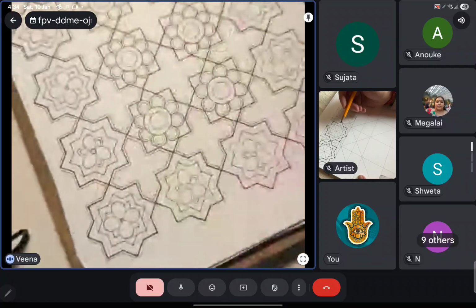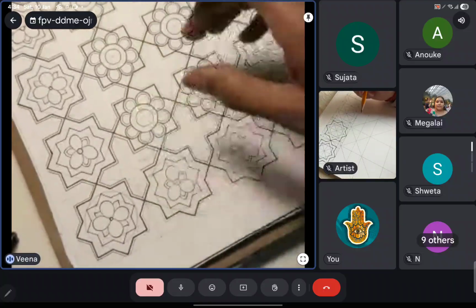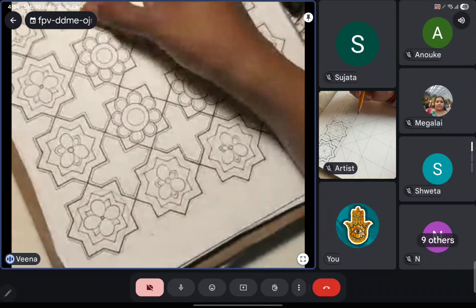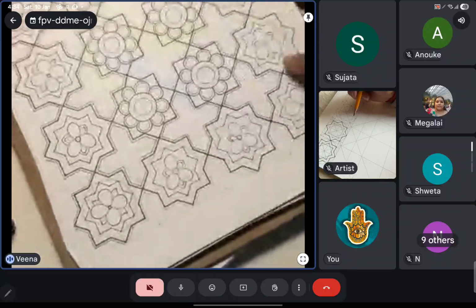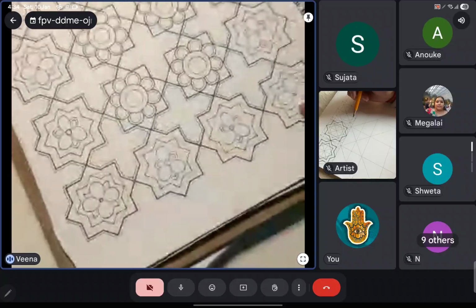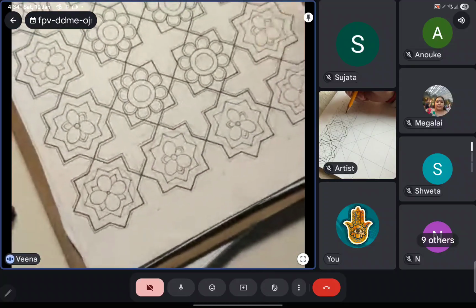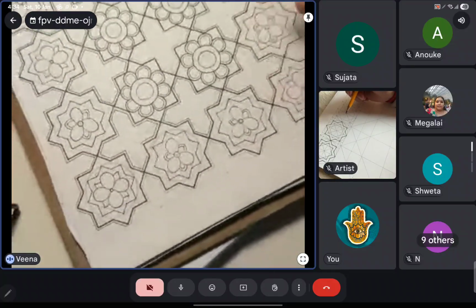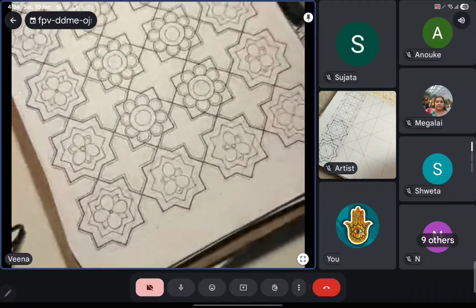Like 5 by 4, the 20 squares. And just the squares in between, we are doing small mini mandalas. And all of the squares on the outer border will have the same flower pattern repeating with the bigger one. Yes, will have the flower. Got it.